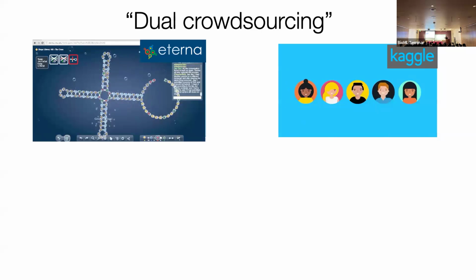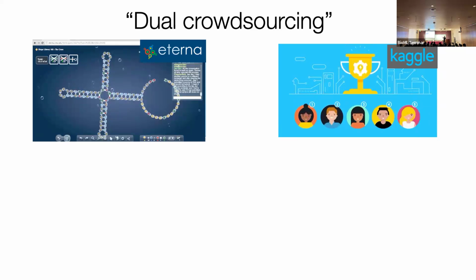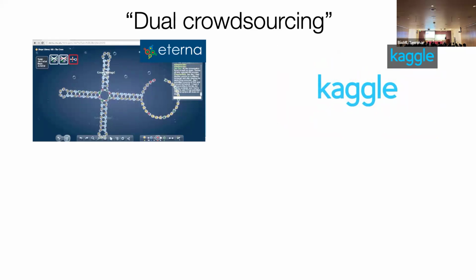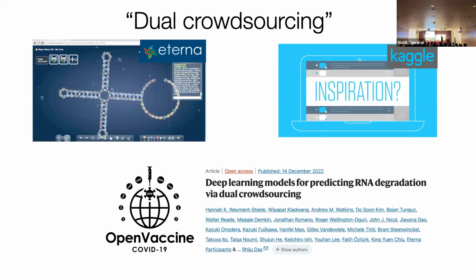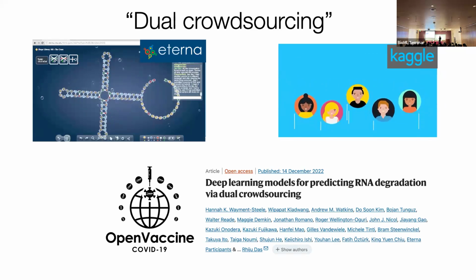I first started working with Kaggle 4 years ago during the pandemic, and we brought together Eterna and Kaggle to solve a problem that we had encountered in our work on vaccine research, where we were trying to figure out principles to stabilize RNA vaccines through structure and through sequence.